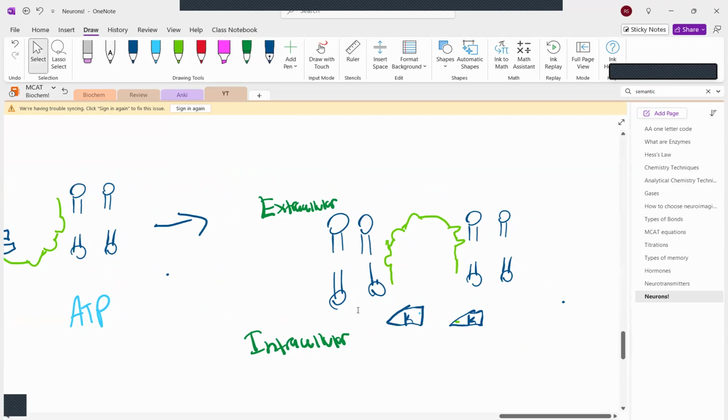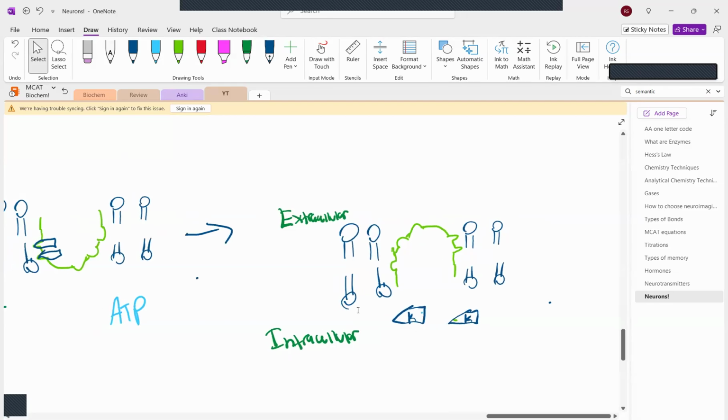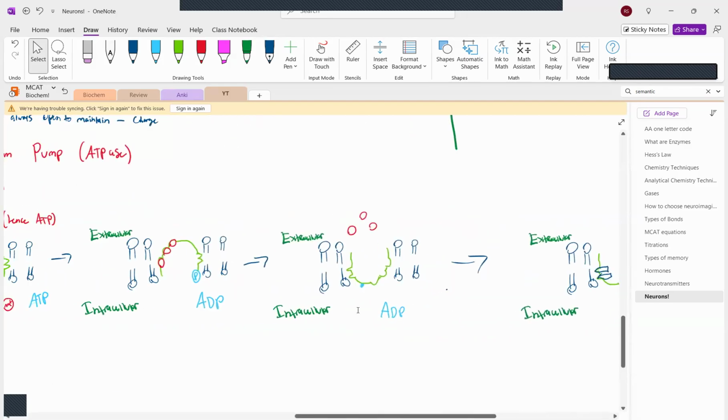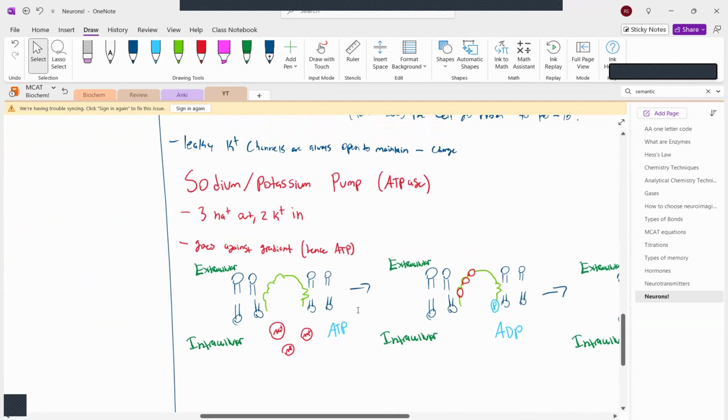And slowly but surely, if you could picture a ton of these doing this, it's not just one sodium potassium pump, there's a ton of these at the same time. So eventually it'll reach that -70 again, and it just helps maintain the resting membrane potential throughout.